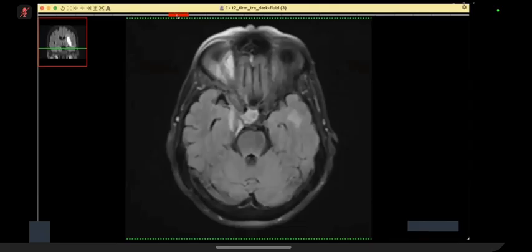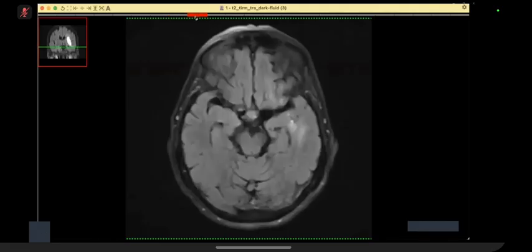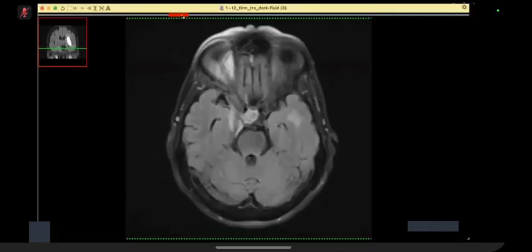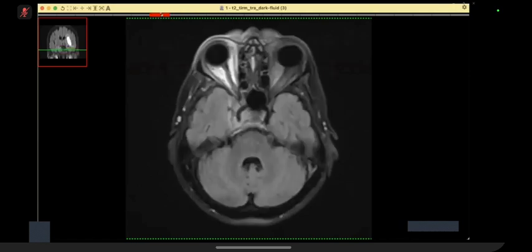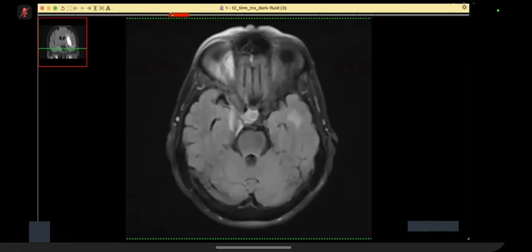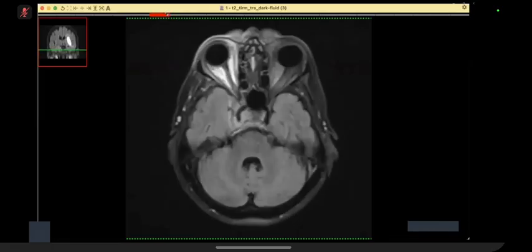Here I can see there is an area of abnormal signal which is present in the right cavernous sinus. Also, I think it's here in the right suprasellar region. However, I can see the internal carotid artery flow void signal is maintained.